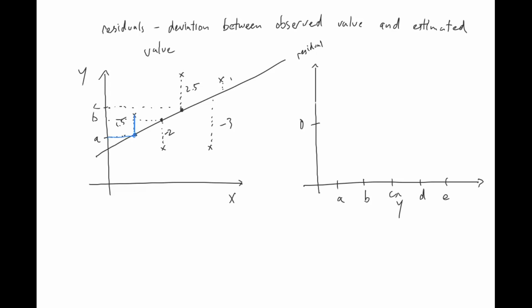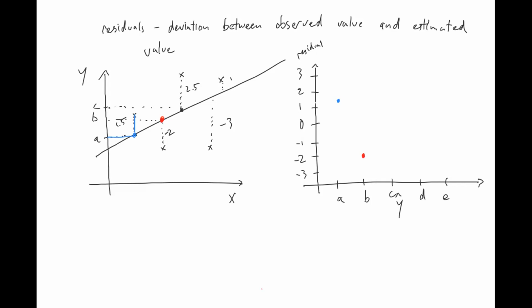That would be 1.5. So actually, let me draw some axes on here. -1, -2, -3, 1, 2, 3. So my A point would be 1.5. My B point over here would be -2.